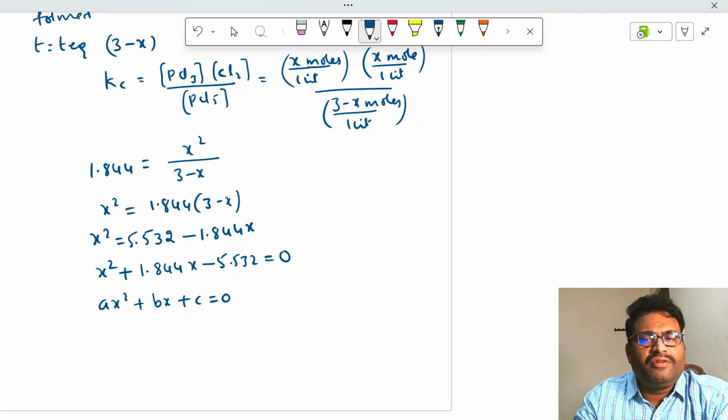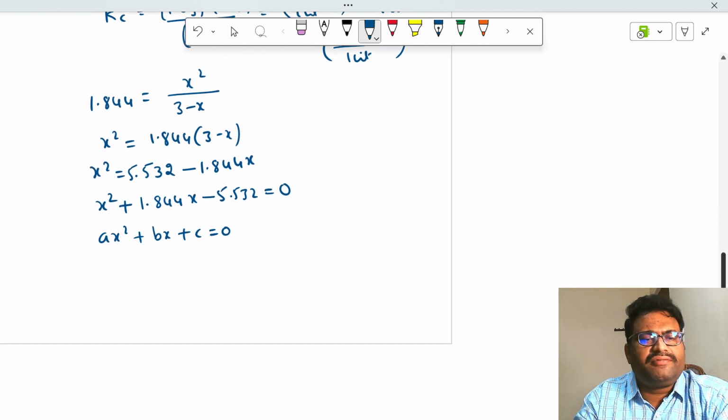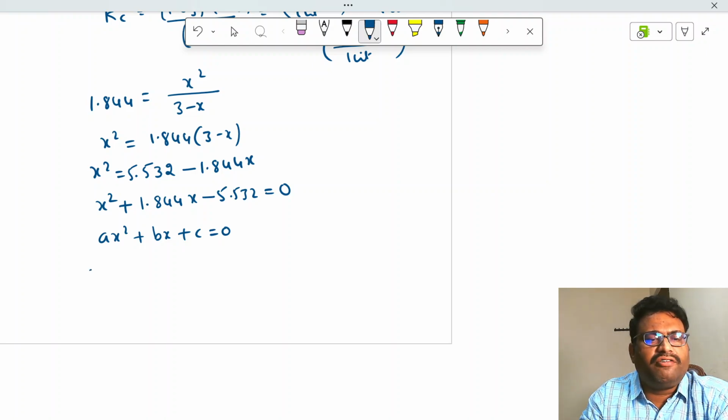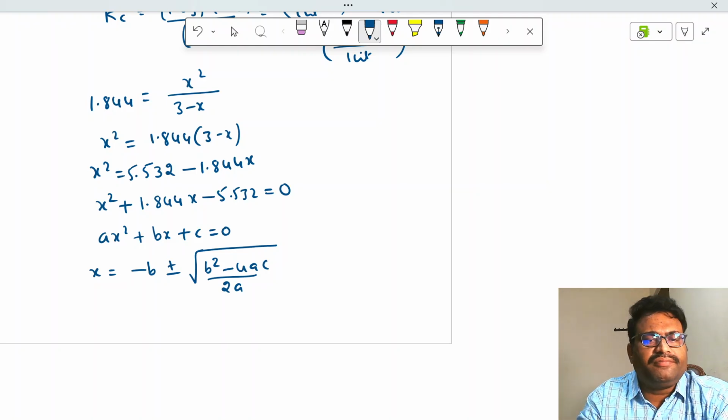If you want to find x, then the formula is x equal to minus b plus or minus root b square minus 4ac, by 2a.